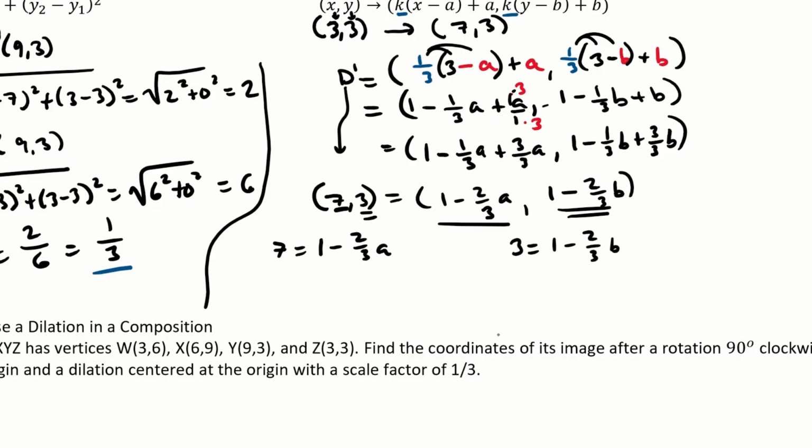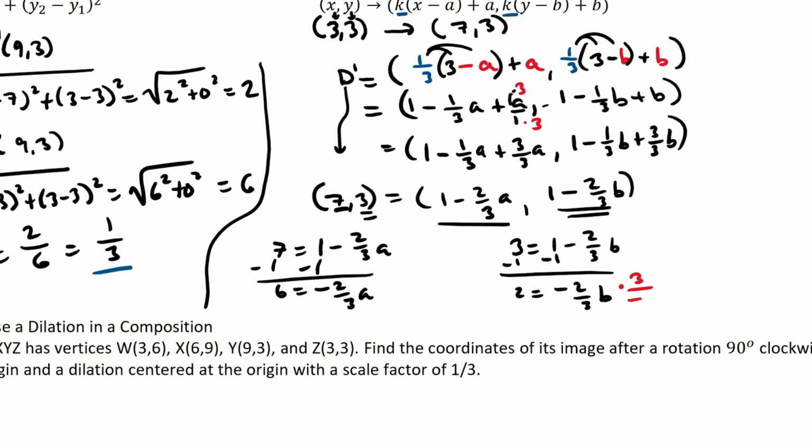All right, so subtract 1 on both sides. And to get rid of the negative 2/3, you're gonna multiply by 3 and divide by negative 2. So you're gonna multiply by the reciprocal, okay? Whatever you do on one side, of course, do on the other side.